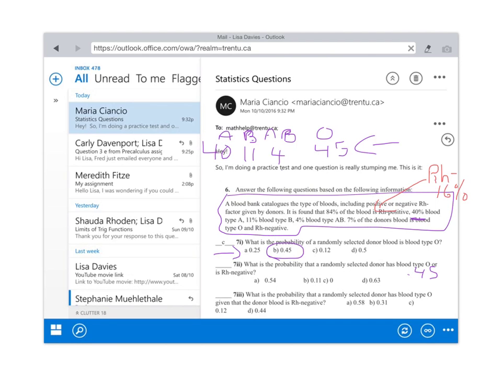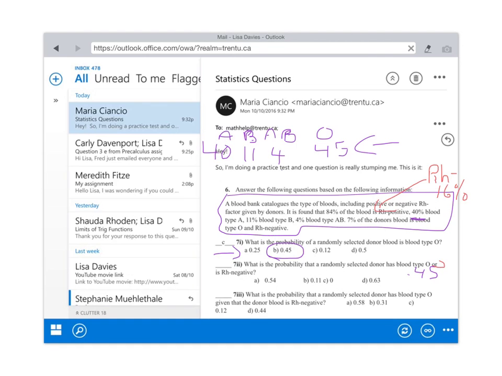When you're given a question that says "or," you add the probabilities and you subtract the probability that both can occur at the same time.